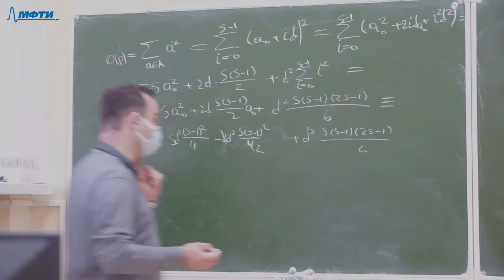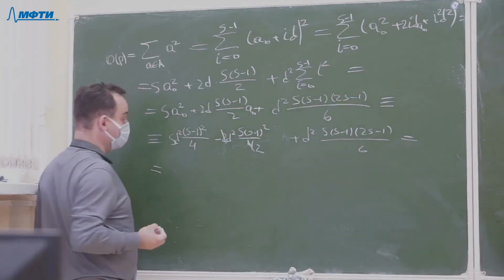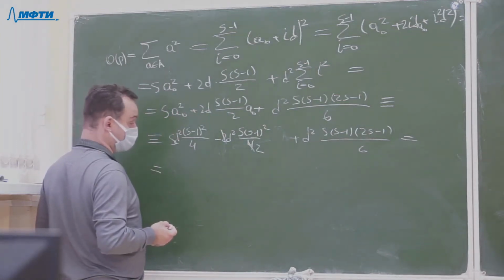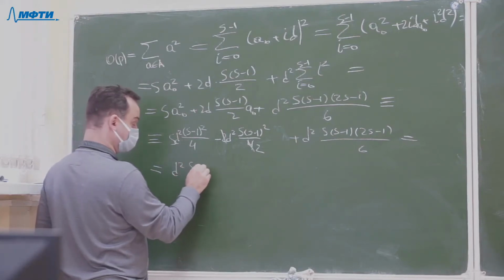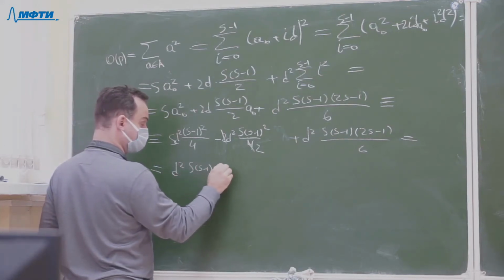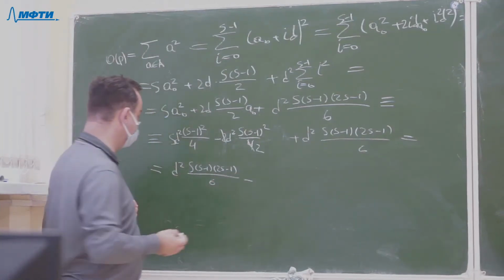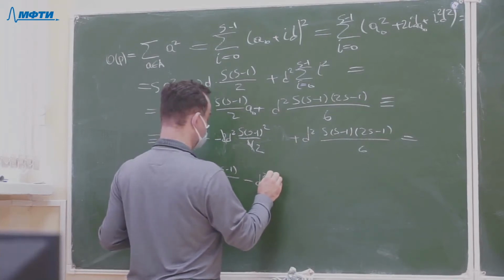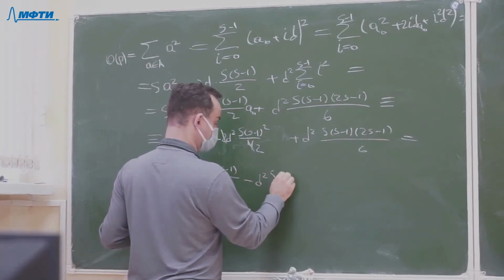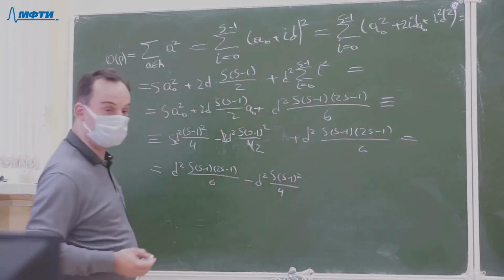So, what do we get? We got that it's d square by S minus 1 by double S minus 1 by 6 minus d square by S minus 1 square by 4, right?